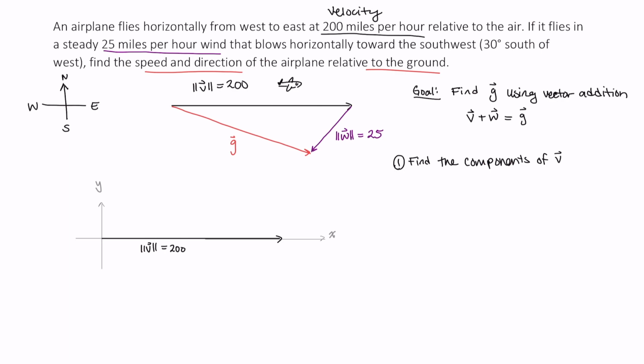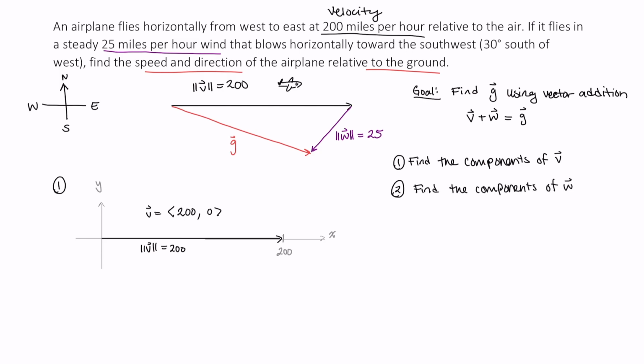That means this point right here on the axis has to be 200. So v has an x component of 200 and a y component of 0. Step one is done. We have found the components of the vector v. Now let's do the same thing and find the components of vector w.